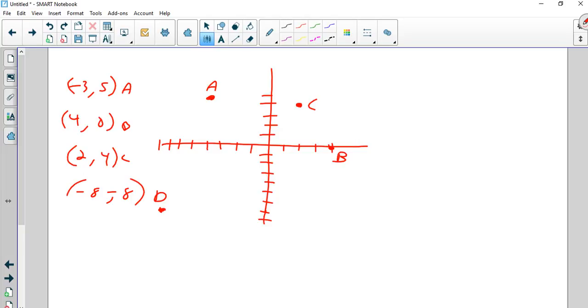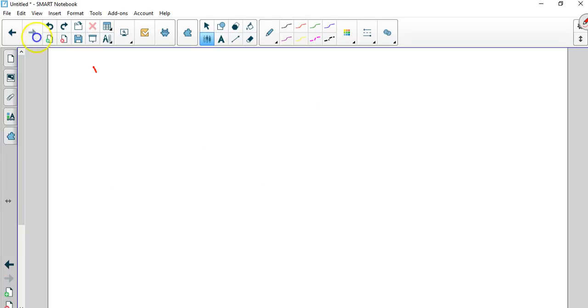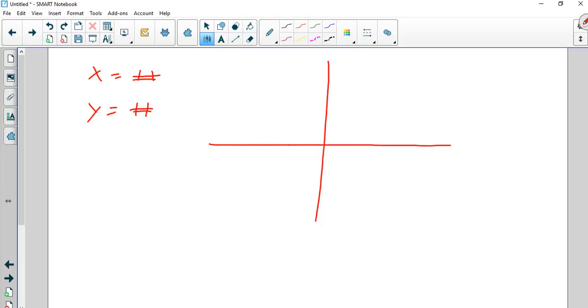Now, there are special lines, and that's when we have x equals a number or y equals a number. And these are special lines because x is always the same number. So, for example, if I wanted to plot 3, 1, and 3, 5, and 3, negative 2, and 3, 0, notice that my x number never changes. The y value does.